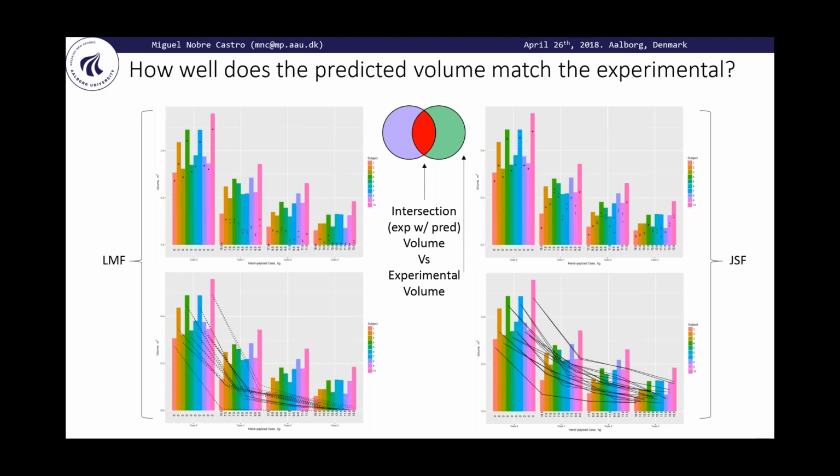We can see here that these points do not follow so well the volume trends of the load cases, while for the joint strength factor model, once we connect all the points with lines, we can see that they better follow the trend, which once again shows us that potentially this is a good method or a good tool to be used for model validation.